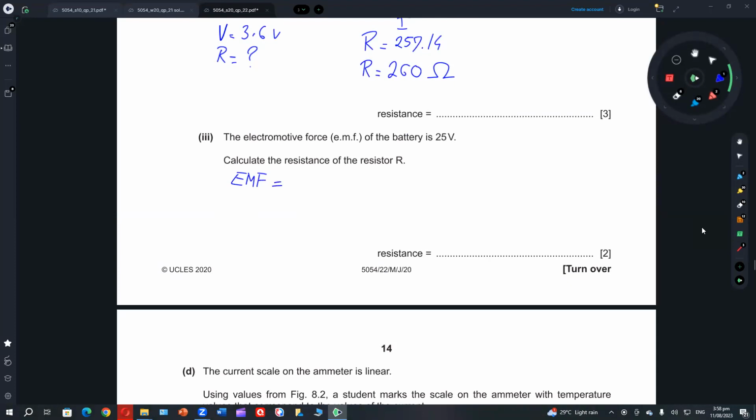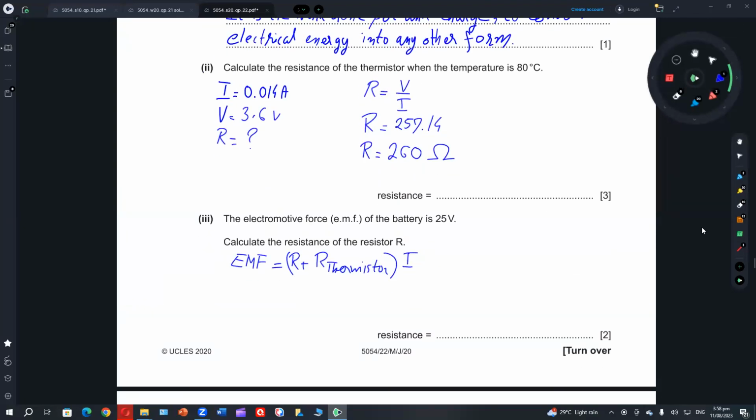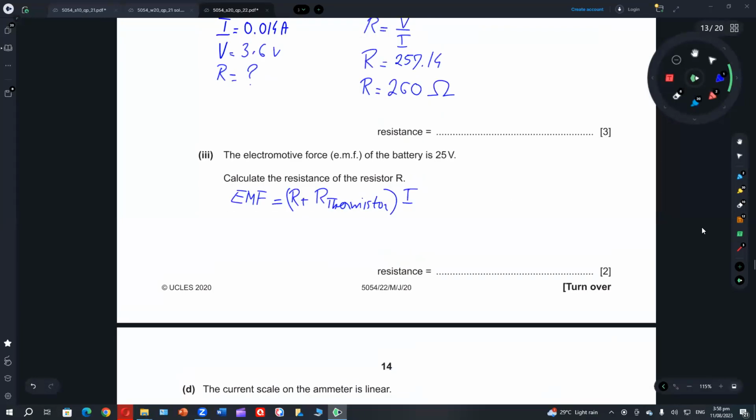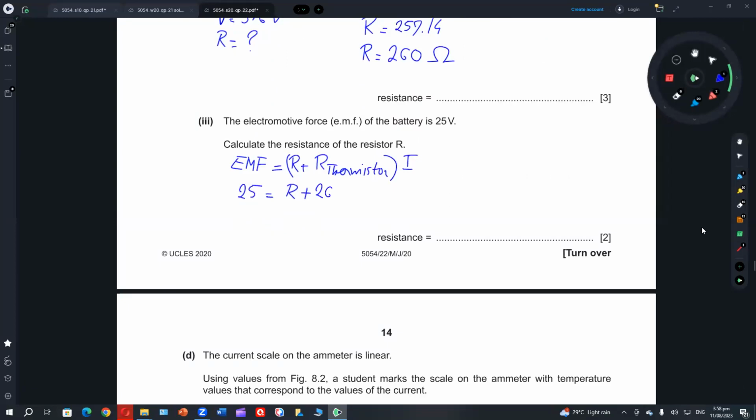So I have to add both the circuit components, R plus the resistance of the thermistor, which is coming to be 260.